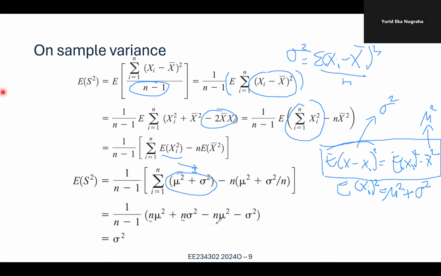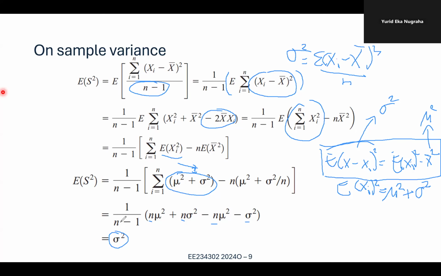And we multiply this by n also, and it turns out to be sigma square. So this means that the sample variance with denominator n minus 1 is the unbiased estimator of the population variance sigma square. That's why we use n minus 1 and we do not use n.